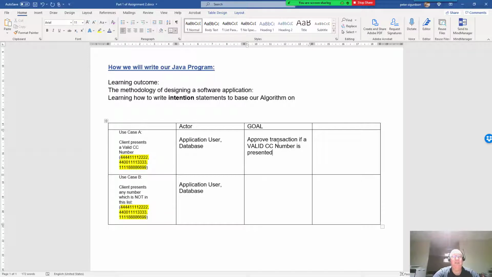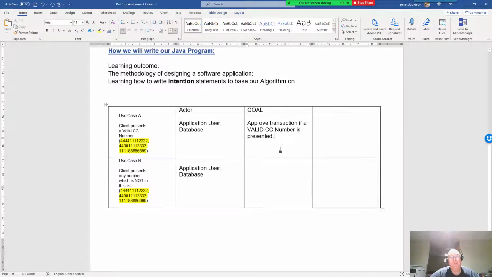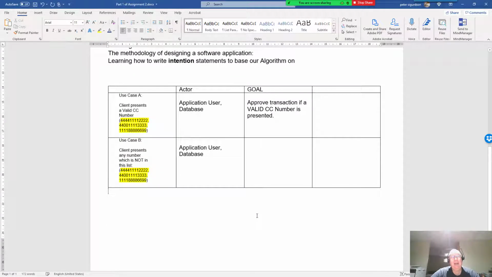But remember what we said when we were studying unified process. There's one goal per use case, right? There's one goal per use case. So if we just have one goal, we only really have one use case here. That's what I was trying to lead you to.